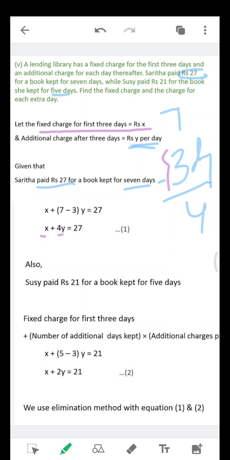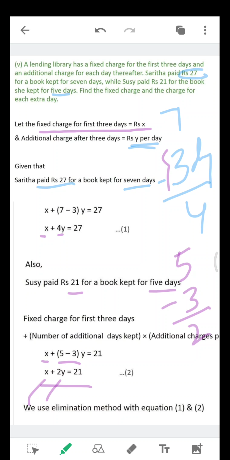The next question, Susie paid 21 rupees for a book kept for 5 days. Out of those 5 days, 3 days are fixed. So how many extra days did she keep? 2 extra days. So she will pay x plus 5 minus 3, that is 2y. x plus 2y is equal to 21.